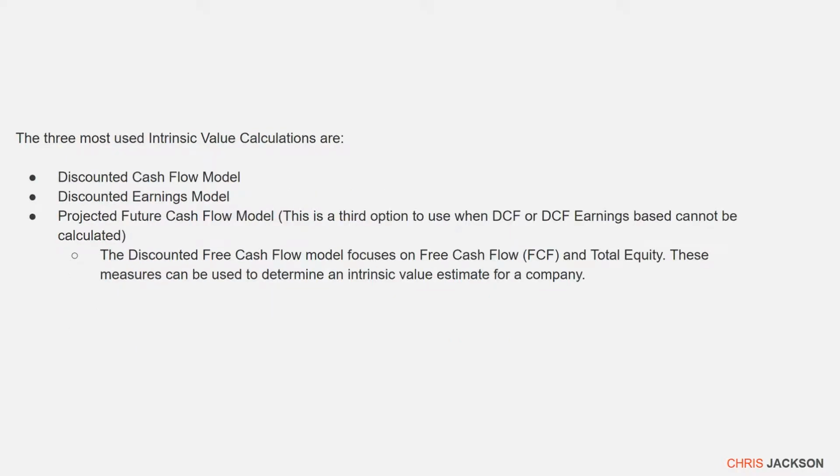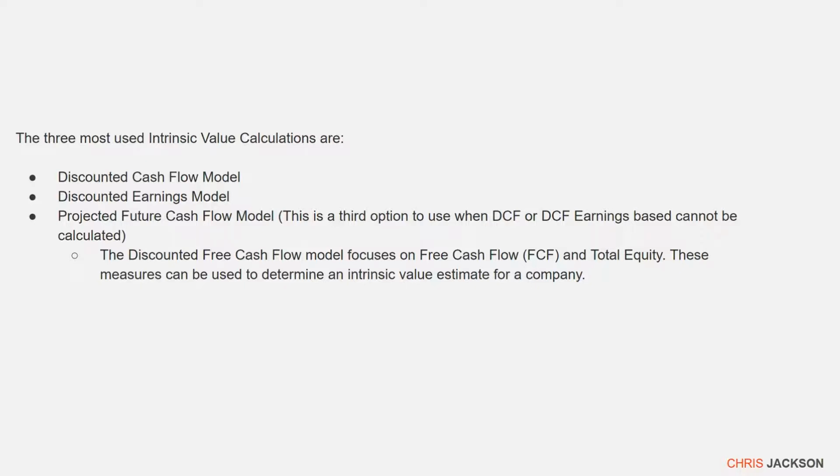The 3 most used intrinsic value calculations are the discounted cash flow model, the discounted earnings model, and the projected future cash flow model. This is a third option to use when DCF, discounted cash flow, or discounted cash flow earnings based cannot be calculated. The discounted free cash flow model focuses on free cash flow and total equity.